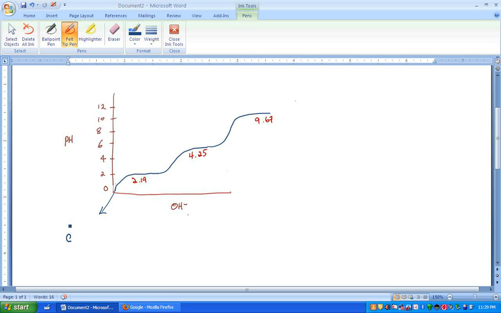So you have central carbon and you have the carboxylic acid from amino acid and NH group, and you have the hydrogen, and I'll draw the side chain.